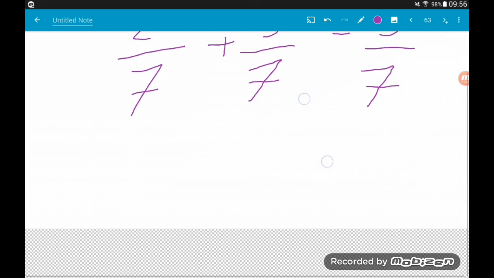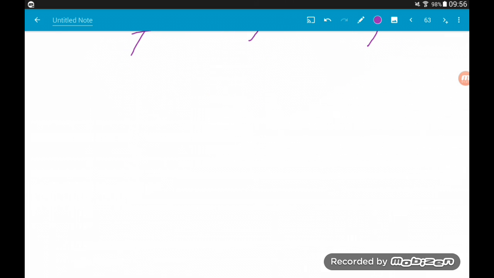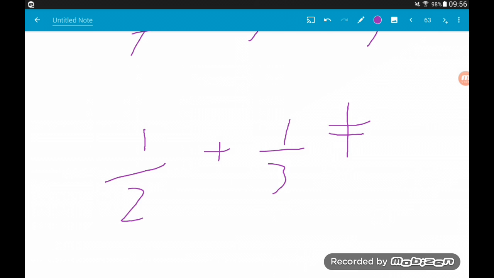If they aren't equal though, we do run into a bit of a problem. So 1/2 add 1/3 is not equal to 2/5, as I see happen a lot of the time.